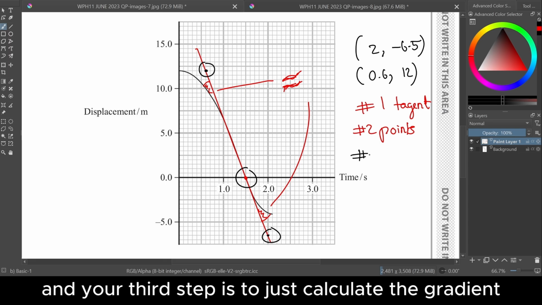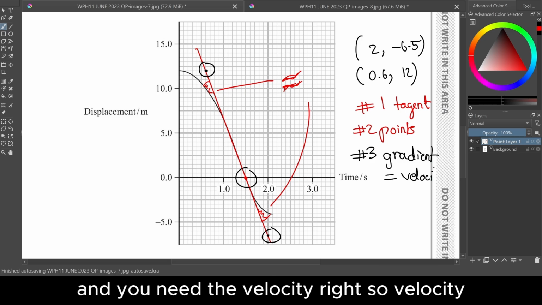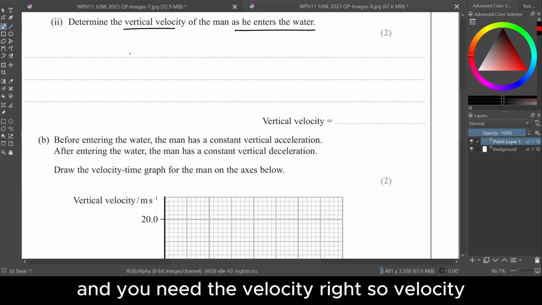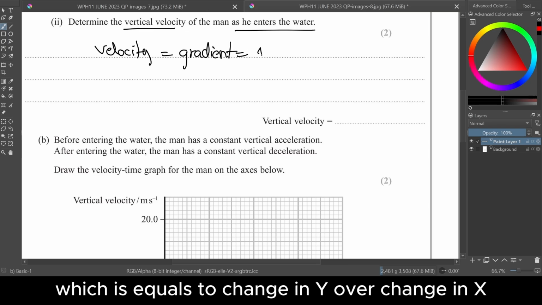Your third step is to calculate the gradient, because the gradient is equal to the velocity, and you need the velocity. So velocity equals the gradient, which equals change in y over change in x.